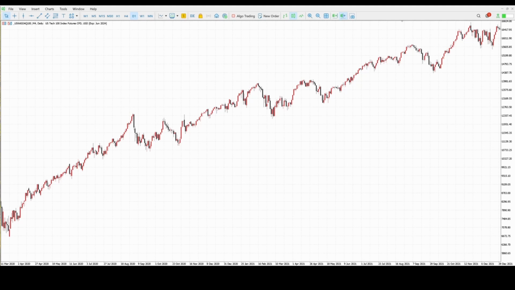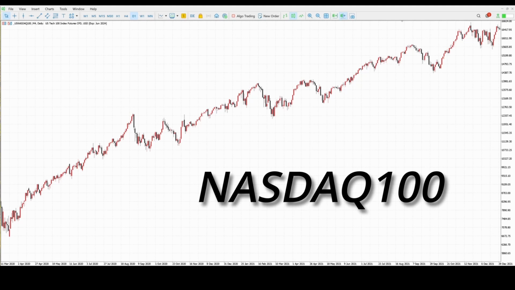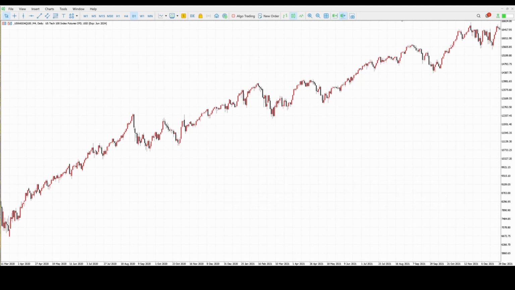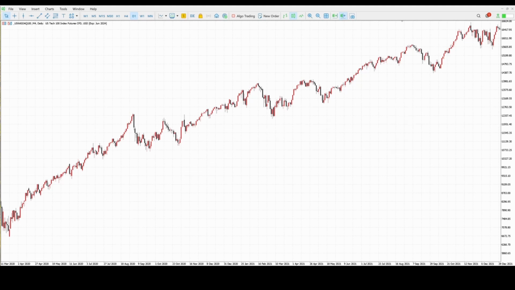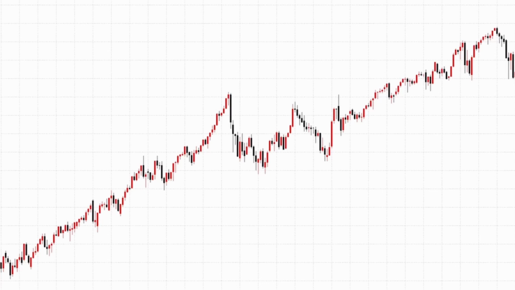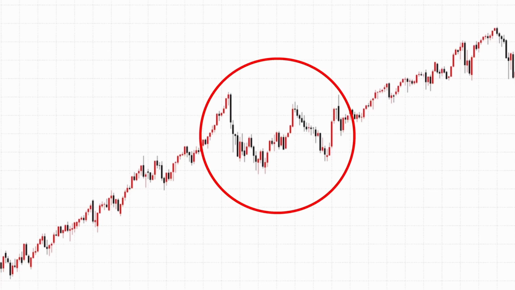It is the Nasdaq 100 futures market at the daily time frame. On your screen, a beautiful example of an uptrend. The market moves upwards, forming higher highs as well as higher lows, with overall direction up. There was some uncertainty at some periods, as you can see, especially in this area.